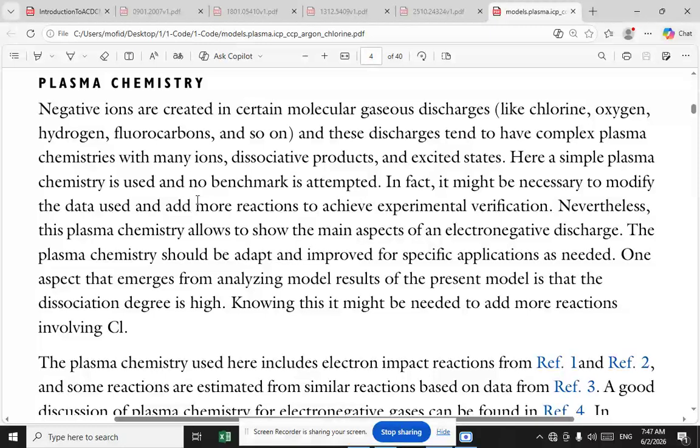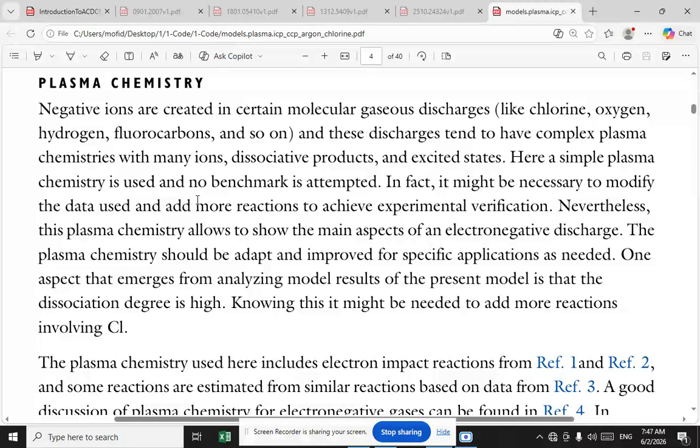In fact, it might be necessary to modify the data used and add more reactions to achieve experimental verification. Nevertheless, this plasma chemistry allows us to show the main aspects of an electronegative discharge. The plasma chemistry should be adapted and improved for specific applications as needed.